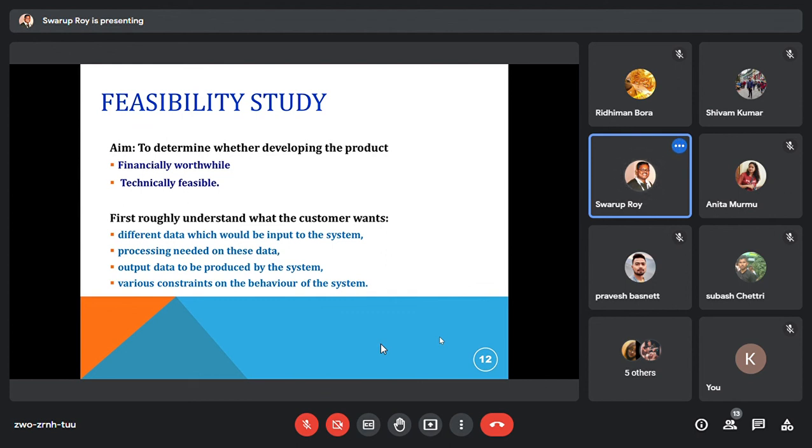And the constraints you put, say, while downloading mark sheets, it should not be open, it should be OTP based. A lot of restrictions you can put, which we call various constraints.